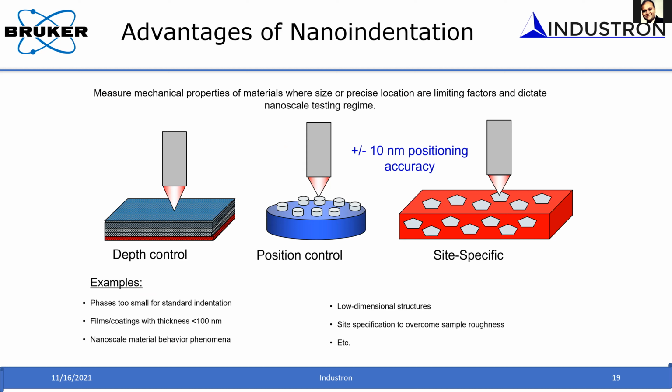And you can go do a site-specific measurement. It is a very simple technique. You apply a load and measure the depth of penetration, and you get the load displacement curve. With automation, you can go to a resolution with plus or minus 10 nanometer position accuracy, and you can program it so it can automatically do all those places.